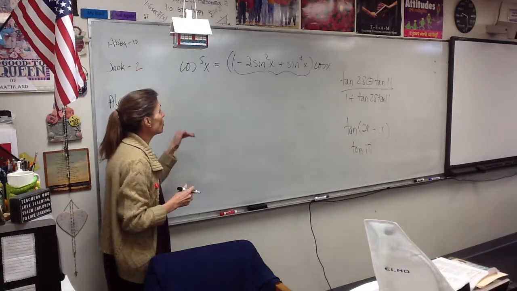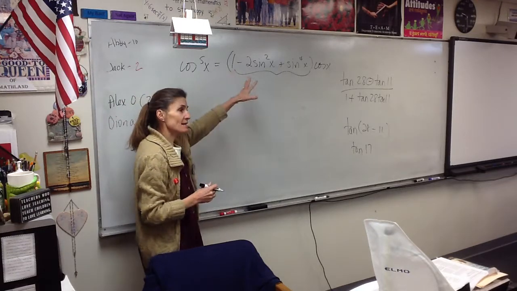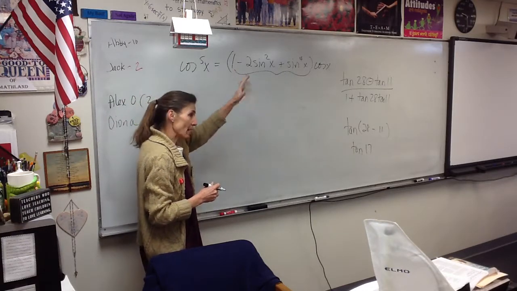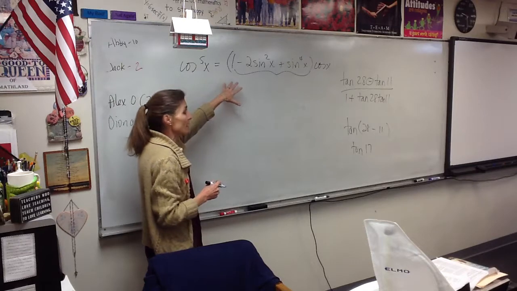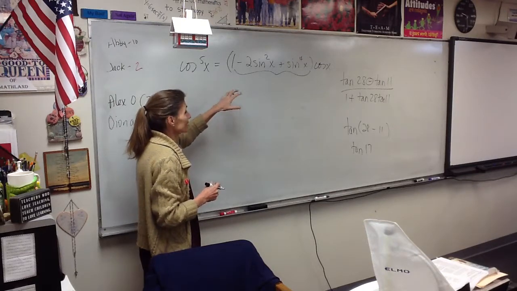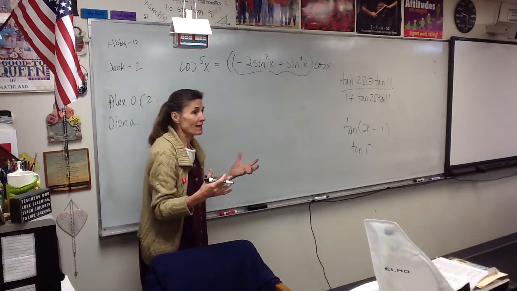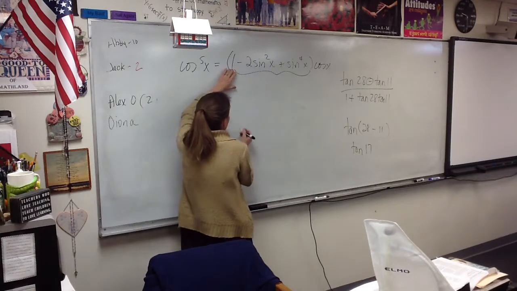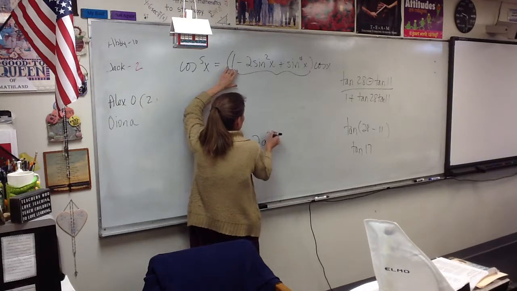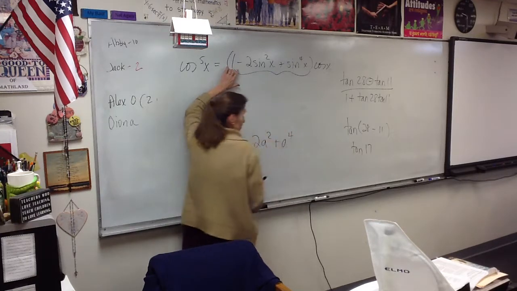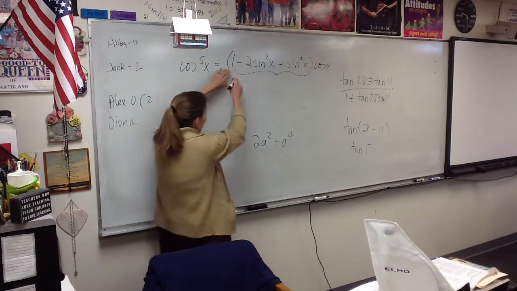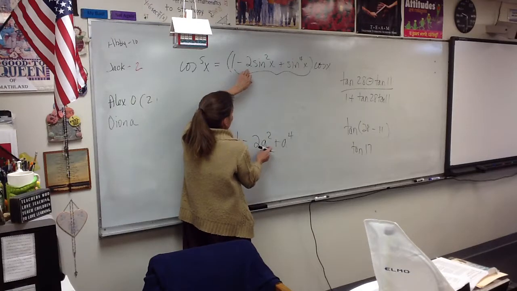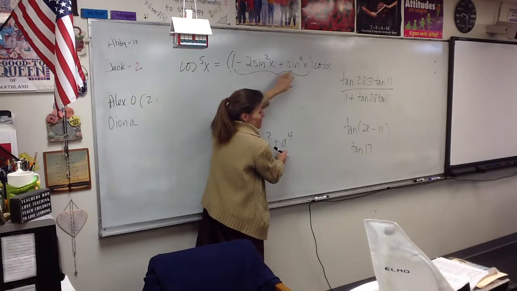I don't know if when you wrote that down, either last night or just now, you recognized that's like a quadratic, only it's a 4th degree. This is the same as 1 minus 2a squared plus a to the 4th. It's 1 minus 2 times something squared plus something to the 4th.